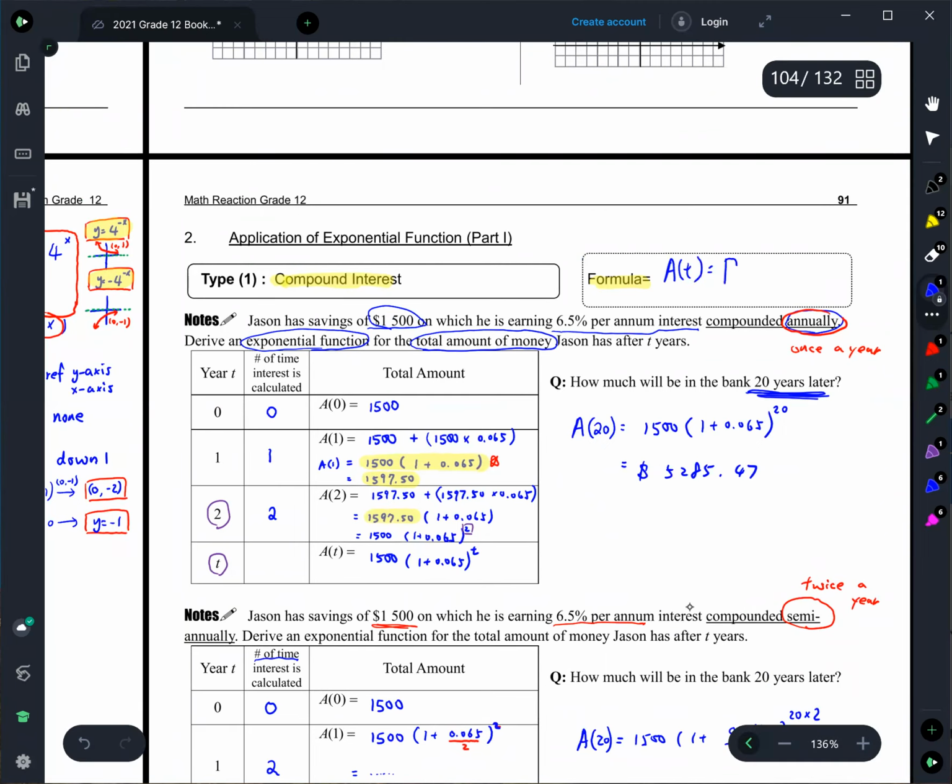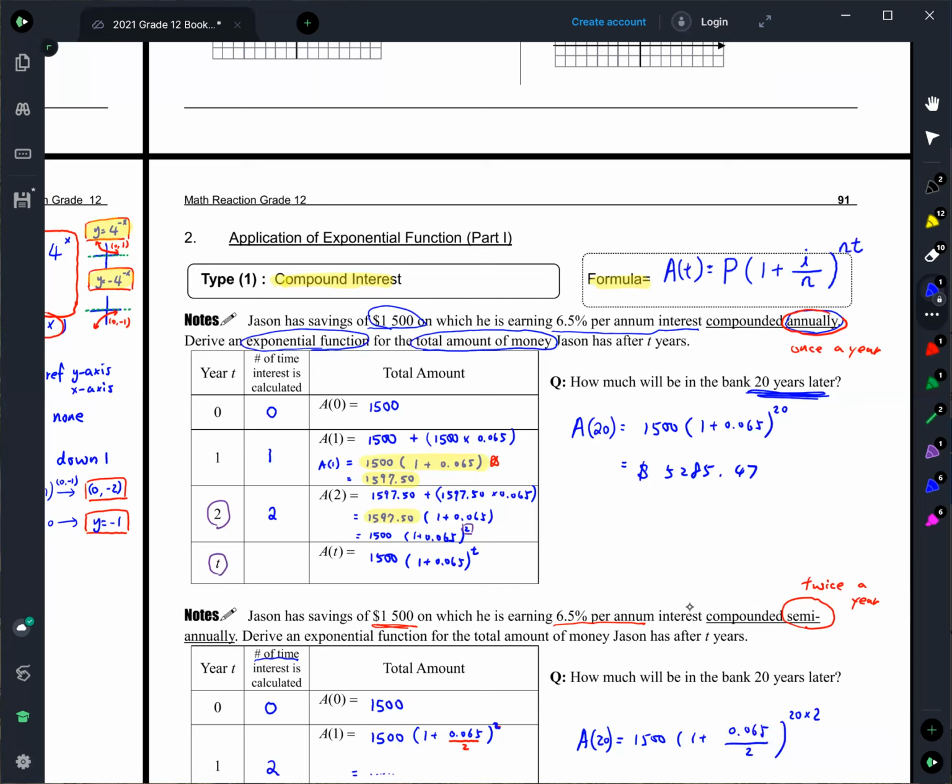You need to start with some principal amount, your original money. So in this case, it's the 1,500. 1 is always there because of the factoring. I is the interest rate, but make sure you put it in decimal, divided by n. N is the number of times being compounded, the number of compounding periods per year. Later we'll write it out. And then to the n times t.